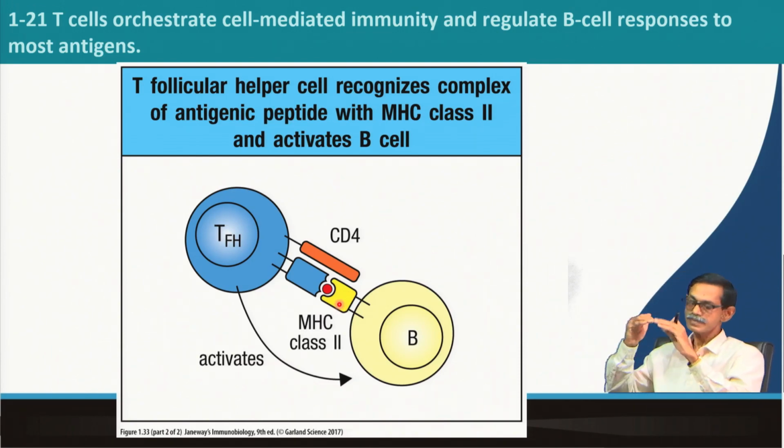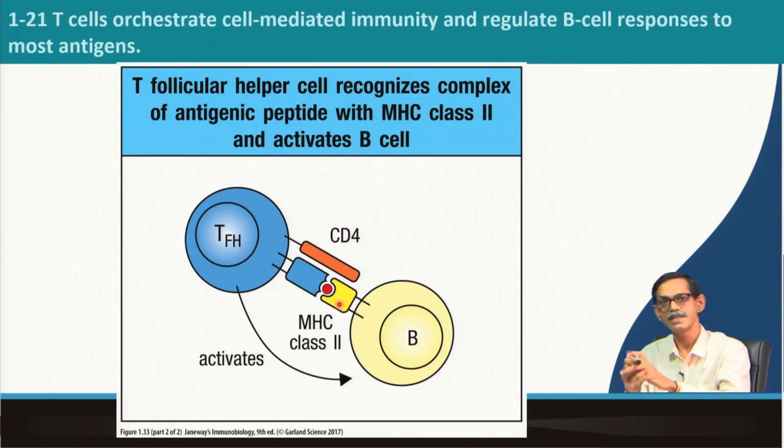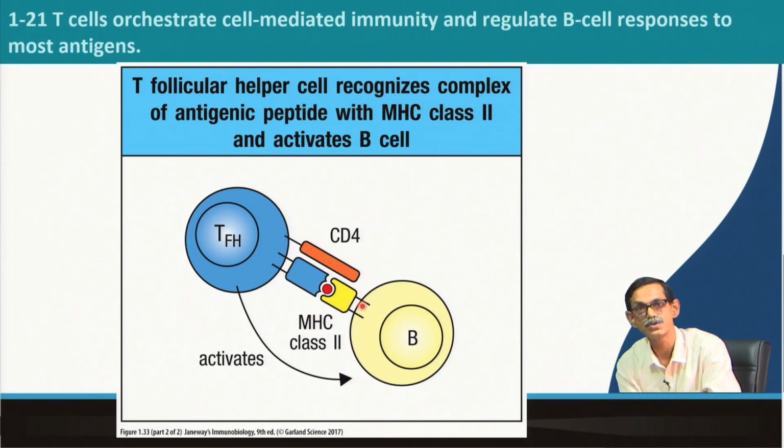So, I am repeating one more time. Any internal or endogenous antigen, that means any protein synthesized inside our body, inside our cell, is presented by MHC1. Anything coming from outside, say bacteria or bacterial protein or toxin or any foreign agent, taken from outside to inside by phagocytosis or receptor mediated endocytosis, is presented by MHC2.